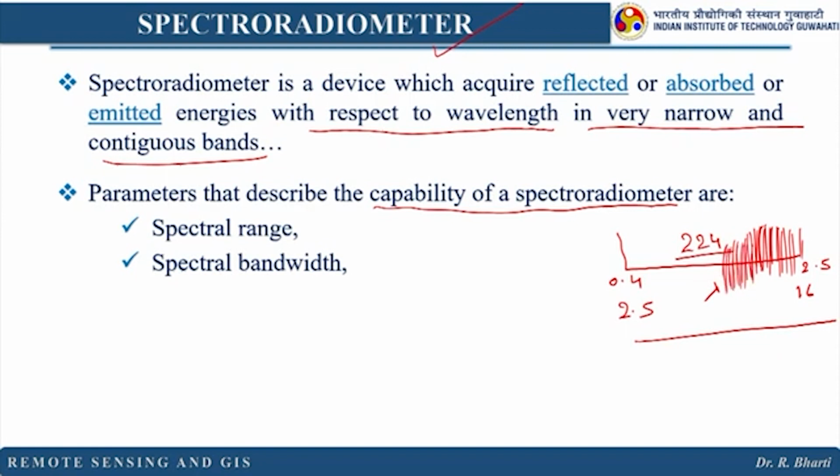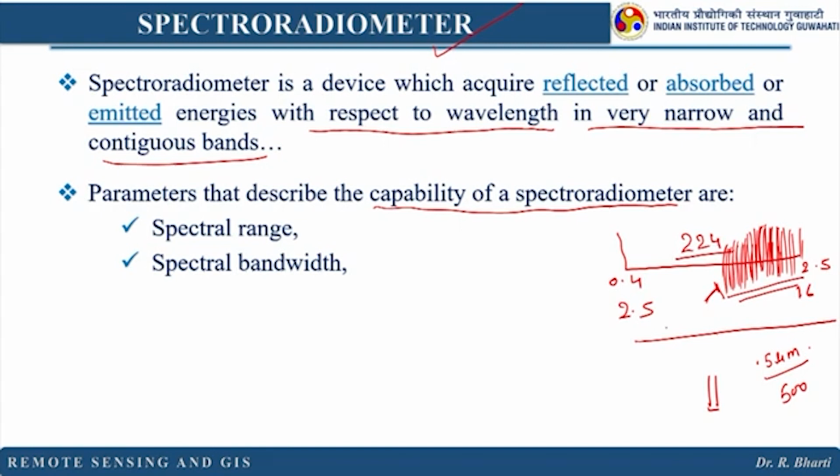Assuming there is no gap in between, and this instrument is sensitive from 2 to 2.5 micrometer, you can easily derive the wavelength difference between 2 and 2.5, which is 0.5 micrometer. In 0.5 micrometer, let us assume you have 500 measurements. What will be the bandwidth? That you can easily calculate.